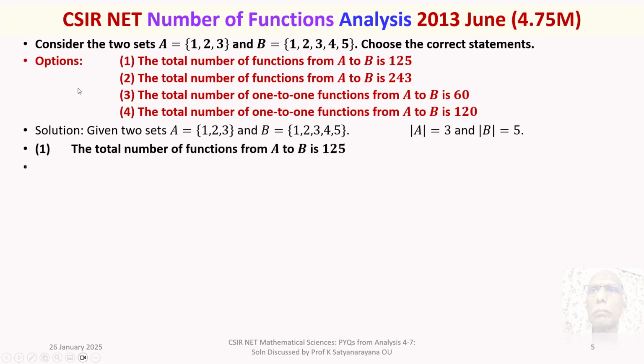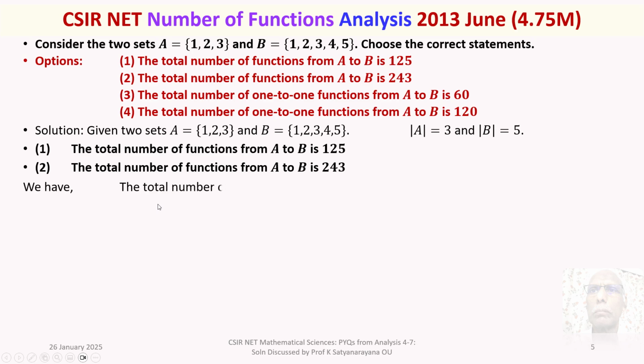So, first let us take option 1 and option 2. Let us recall that the total number of functions from the set A to set B, where A and B are both finite sets, is equal to the order of B, the order of the codomain, to the power of order of A, that is the order of the domain.